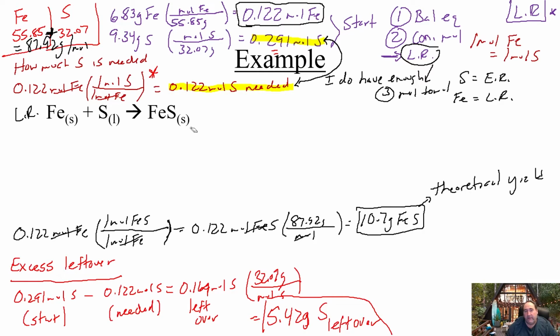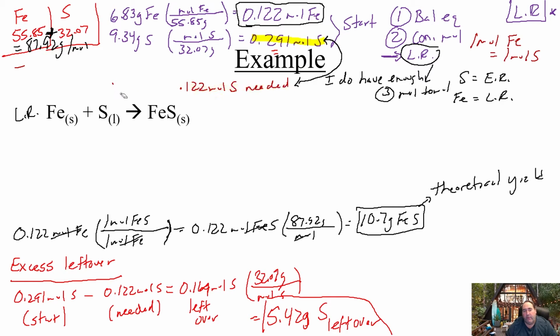So if we were going to do the other approach, obviously we would recognize that it is a limiting reagent problem. And we would take our starting amounts and do 2 calculations to determine which one is our limiting reagent and how much we would produce.